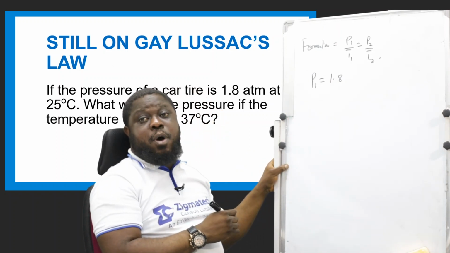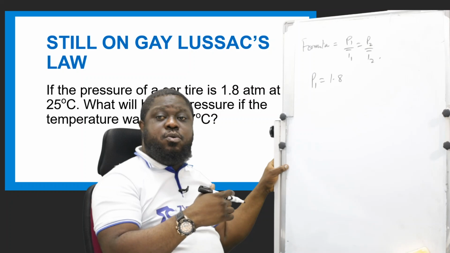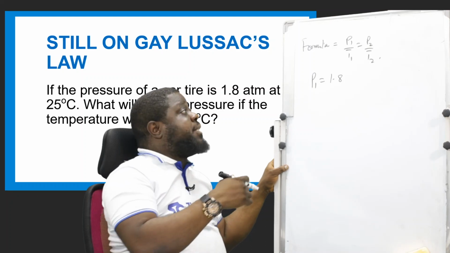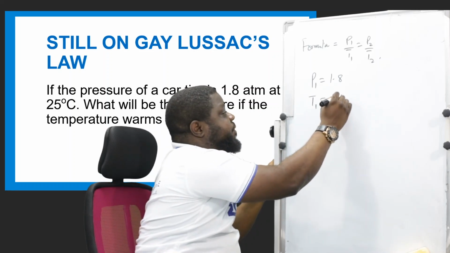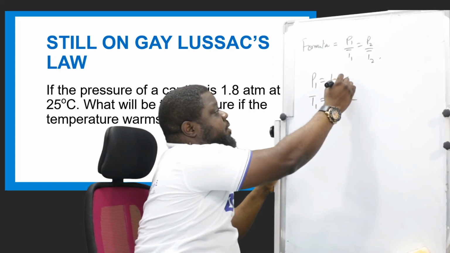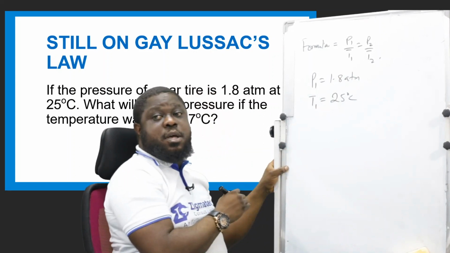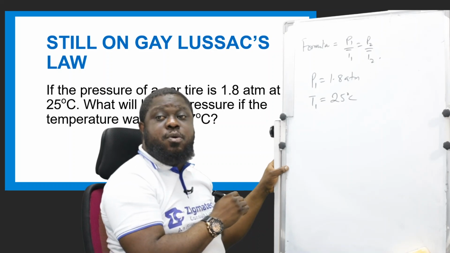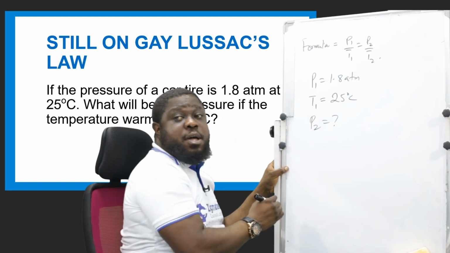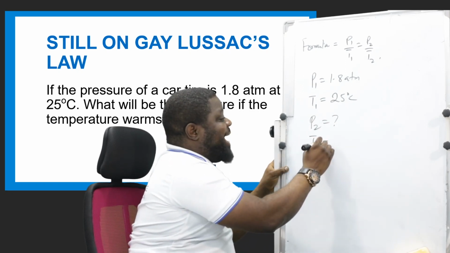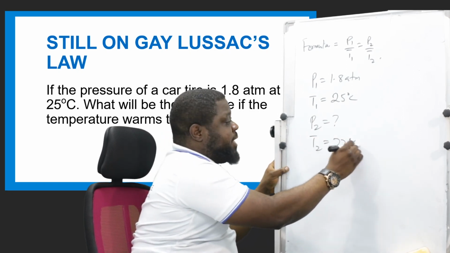Our T1 is 25 degrees centigrade. Then our P2 is not there. They say, what is the pressure? But they give us our T2 as 32 degrees centigrade.